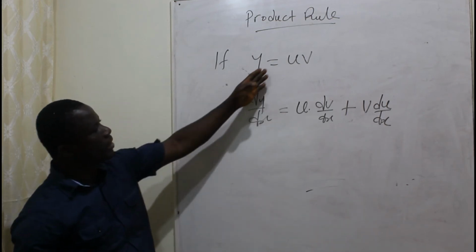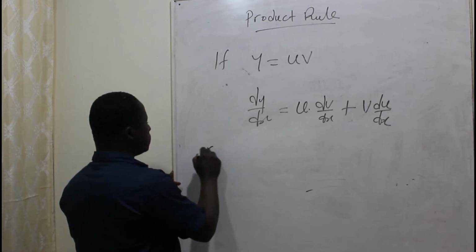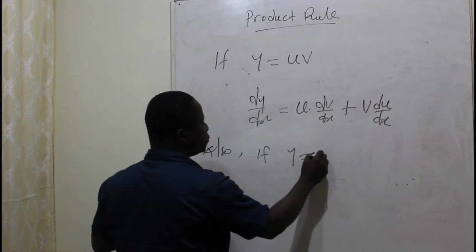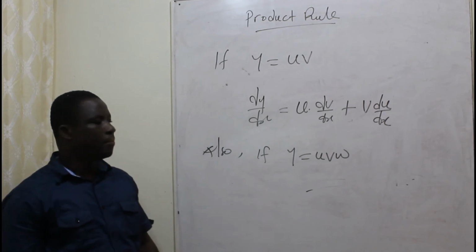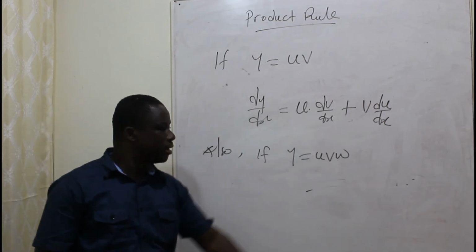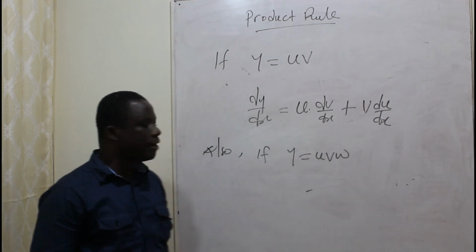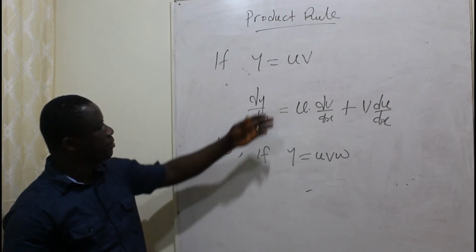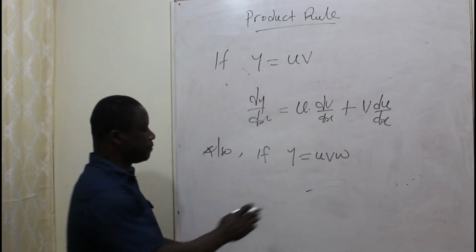And it goes beyond when the functions are two. If you have y equals uvw, and all three functions u, v, w are functions of x, per the rule, you can go by the same principle and find the derivative.